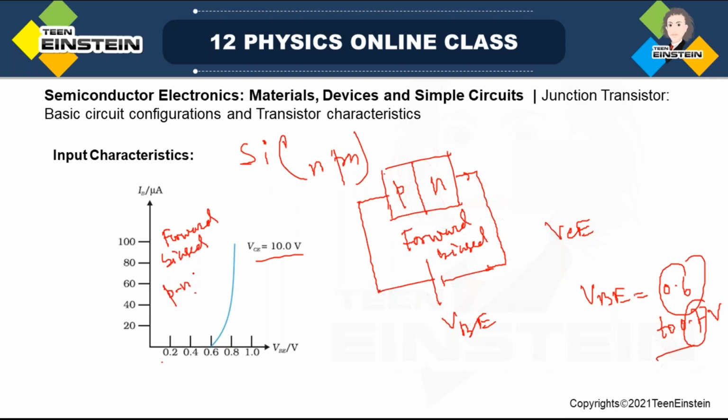So in that case, until the voltage goes beyond a certain voltage, called the cut-in voltage, here 0.6 for silicon, you will get negligibly small current, which can be treated as zero.